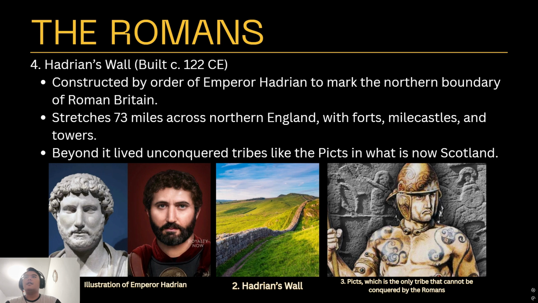Beyond it lived unconquered tribes like the Picts in what is now Scotland. This is the illustration of Emperor Hadrian, and then Hadrian's Wall, and then the third image is Picts, which is the only tribe that cannot be conquered by the Romans.